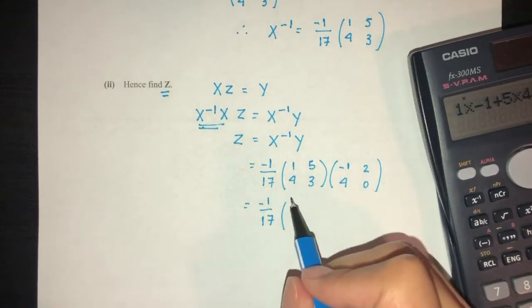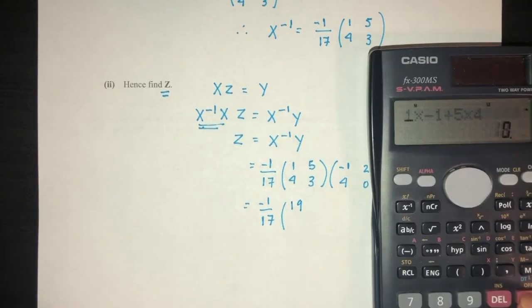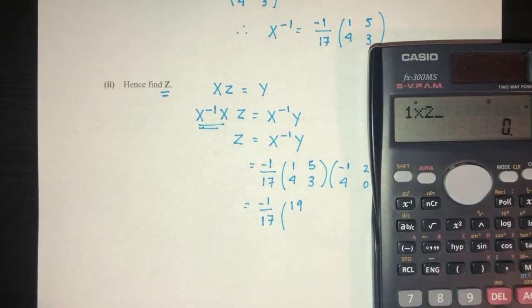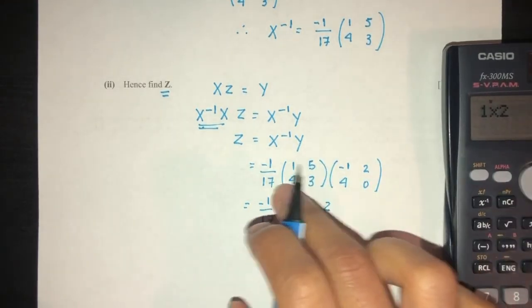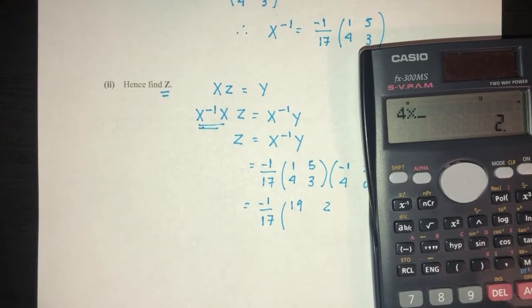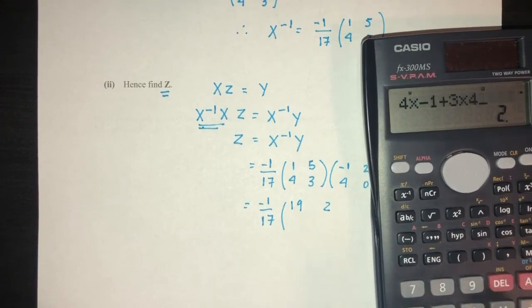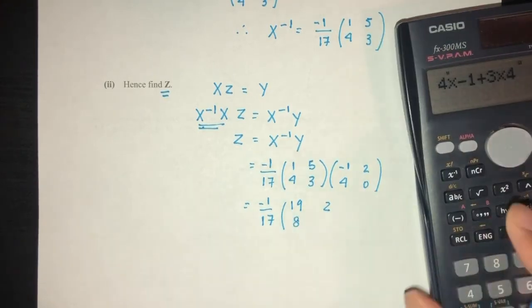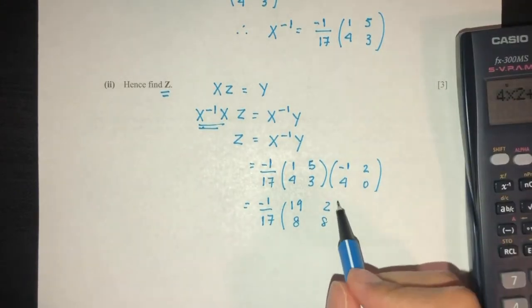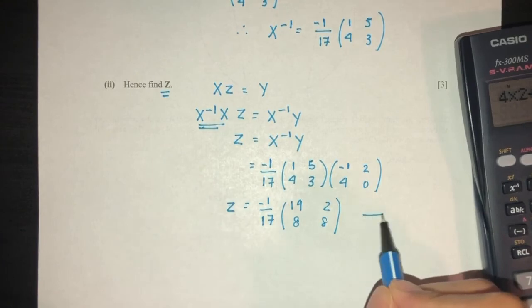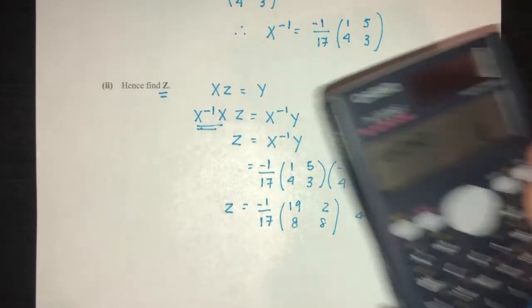That should be 19. Then we have 1 times 2. That will be 2. And then now we have to use this row by this column. 4 times minus 1 plus 3 times 4. That will be 8. And then 4 times 2 plus 0. That will be 8. So this is your matrix of Z. And that is your question number 10.